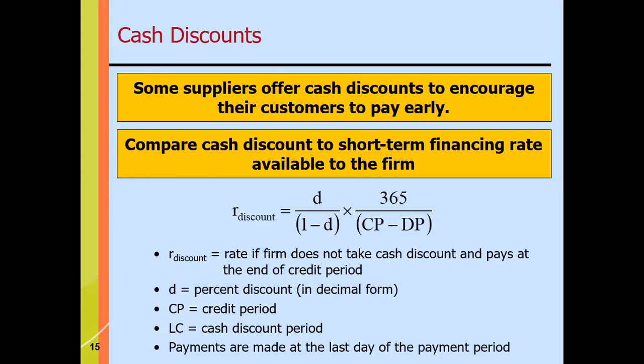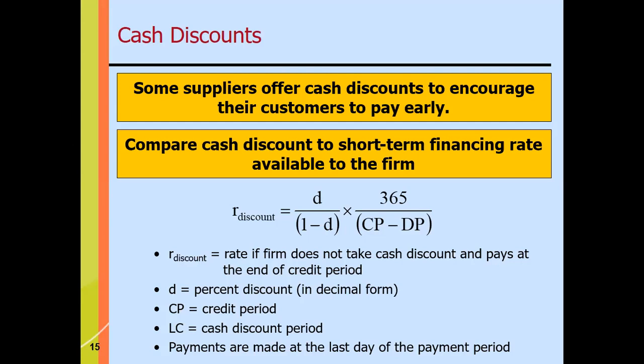So this is our formula, because normally our respective option would be that if ever we are going to avail the discount, then with that we are going to make a short-term financing, or what we do is that we are going to delay our payment really, and with that the R discount would be the rate of the firm if the firm does not take the cash discount and pays at the end of the credit period. Because remember, during that time that we did not pay, we can still make use of the money. So that's the point.